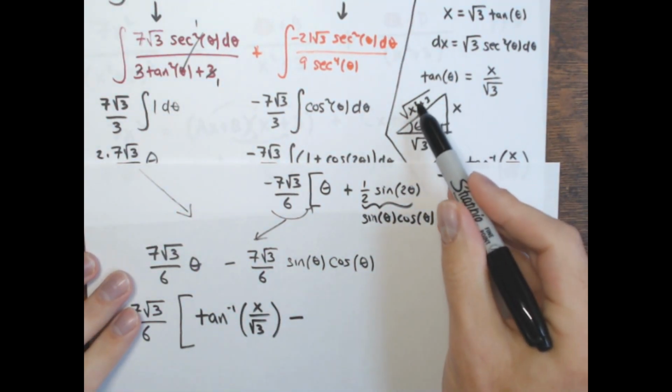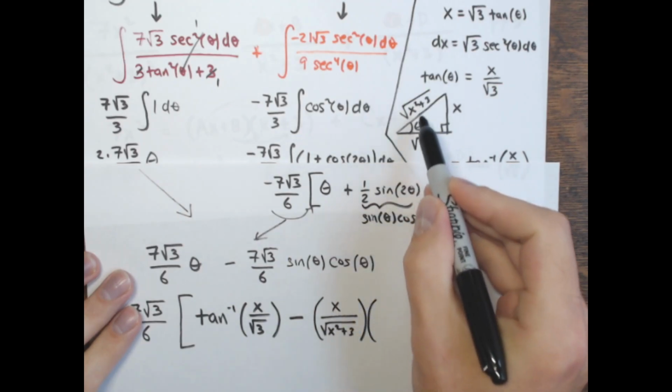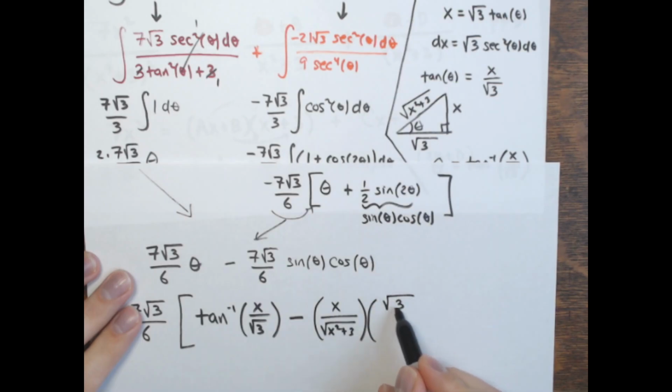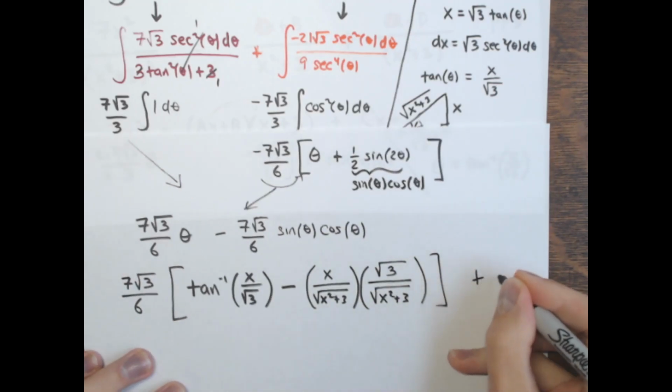Sine is opposite over hypotenuse, right? So x over the square root of x squared plus 3 times cosine theta, which is adjacent over hypotenuse, so square root of 3 over the square root of x squared plus 3. All right, and then plus some constant at the end here.